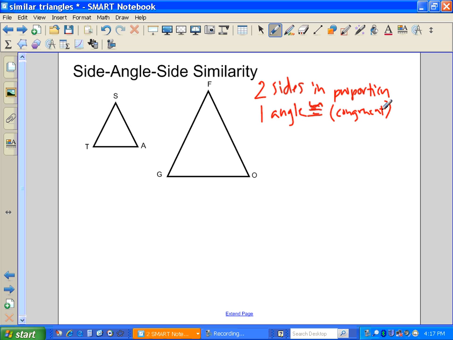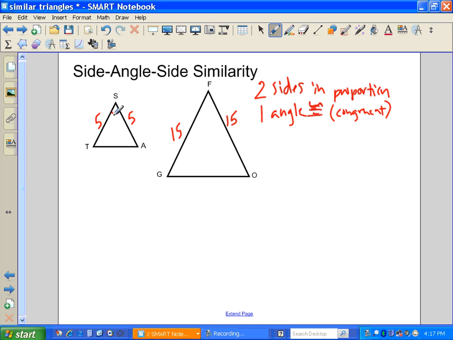So if we give some labels on these triangles over here, we'll give this one 5 units here, 5 units here, 15 units here, 15 units here. It's easy to see that these two side lengths are in proportion to these two side lengths because we're multiplying by 3 for each one.